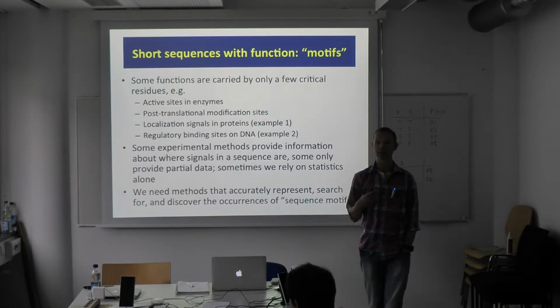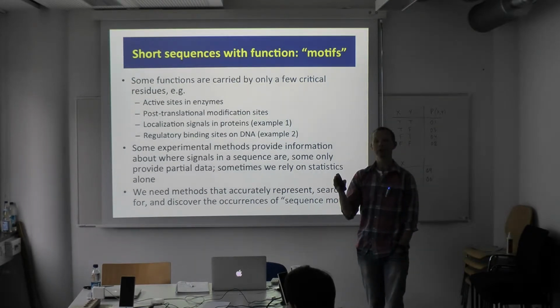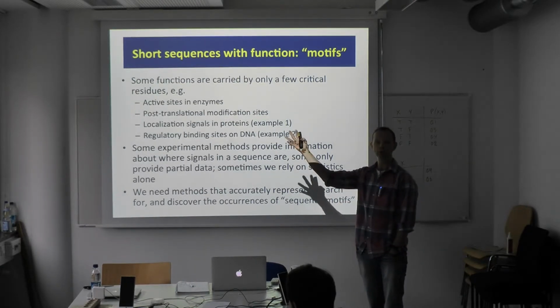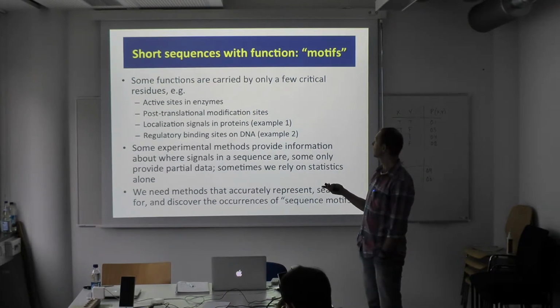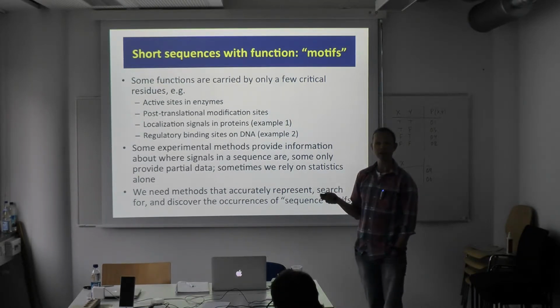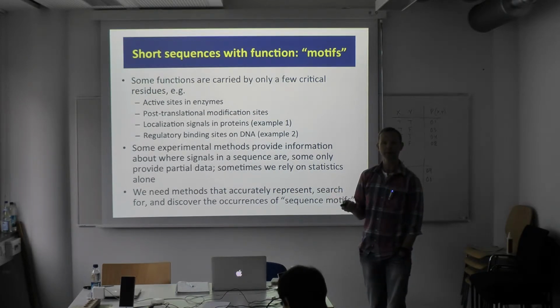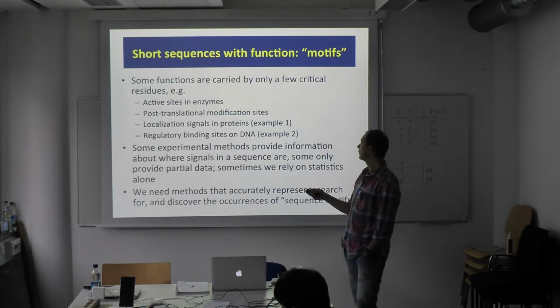Of course, having that kind of information would allow us to make an assessment for the whole proteome, just by bioinformatically scanning sequences with that motif. And Tanya would have talked about things such as localization signals in proteins. These are often described as sequence motifs.